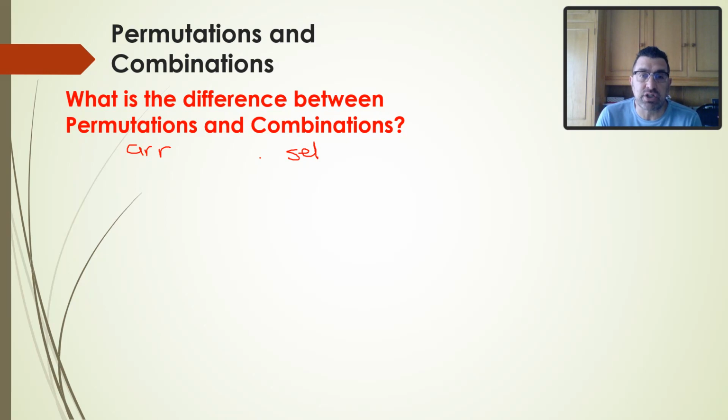With a selection, the order doesn't matter. With a permutation, it does. So the one is an arrangement. If you're arranging, you're working with a permutation. If you're selecting, you're working with a combination.